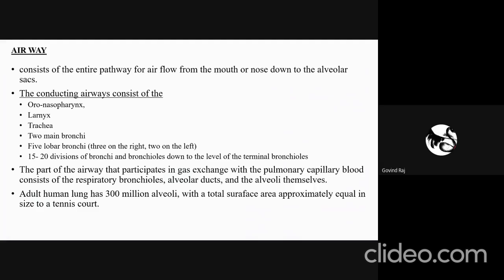As we know, there are two lungs, so the first branching is from the bronchus. The bronchus divides into two, and in each lung these further divide into lobar bronchi: 3 on the right and 2 on the left. Why this difference in number?